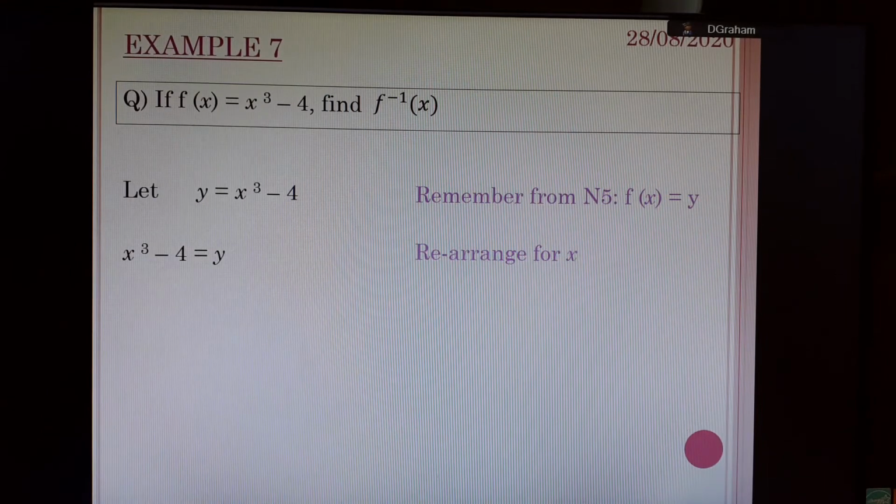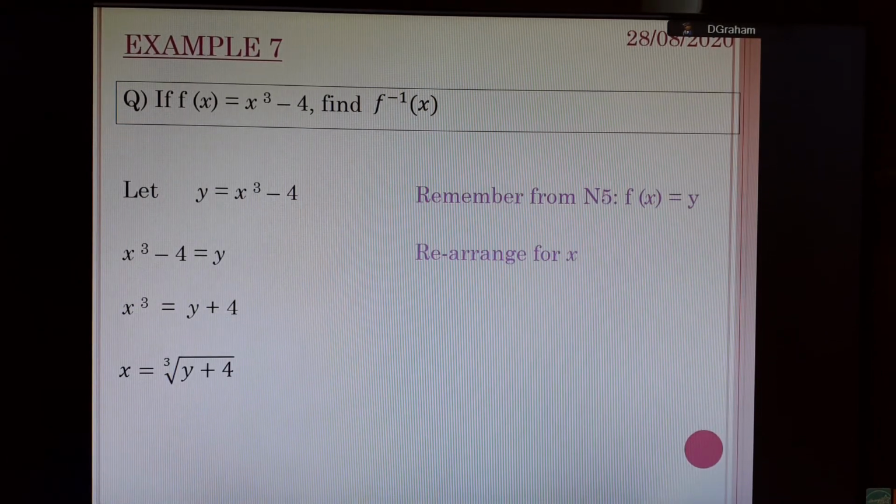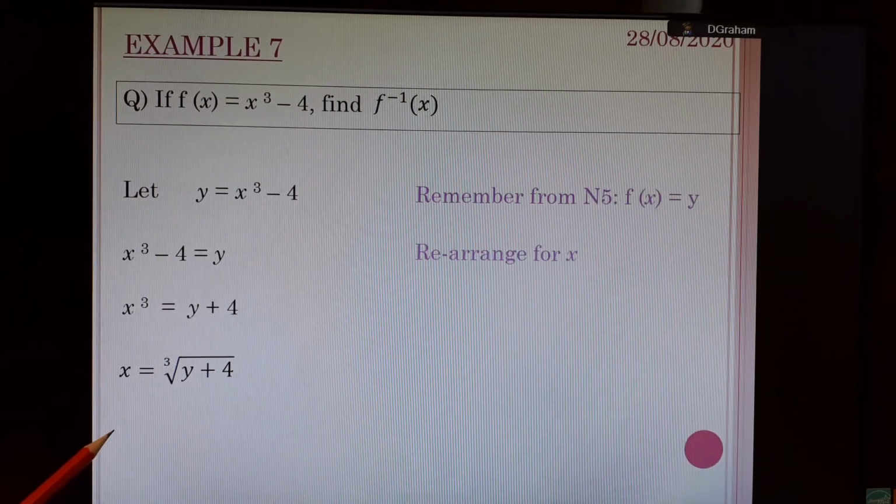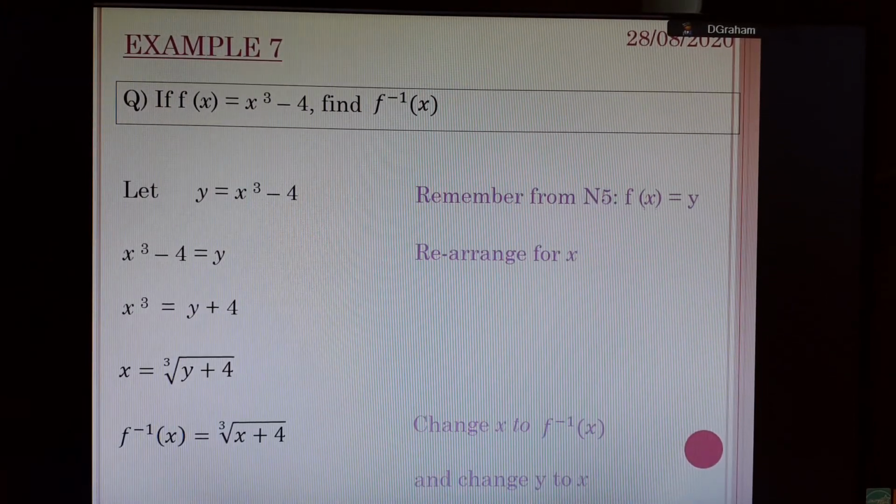Okay, so switch sides, take the negative 4 over, make it a plus 4, and take the cube over and make it a cubed root. Now we want to then replace that back with the inverse function of x and that little y there with the x. And that's how you do inverse functions.